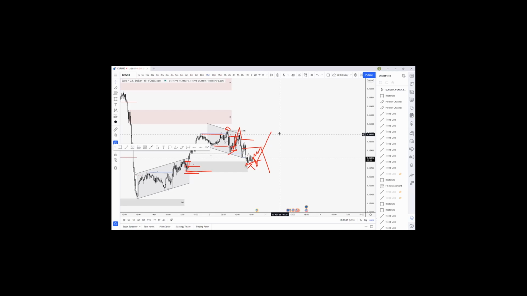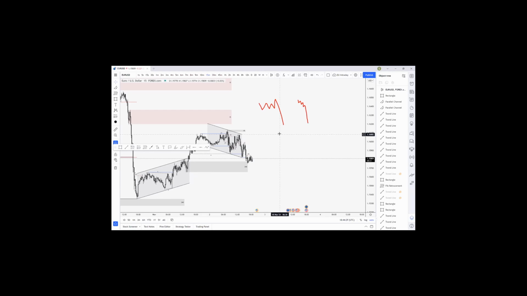But it's all about monitoring that aggression. When you're looking at this, how does a good high form? A good high forms like that. How does a weak high form? Well, a weak high forms like that. How does a weak low form?